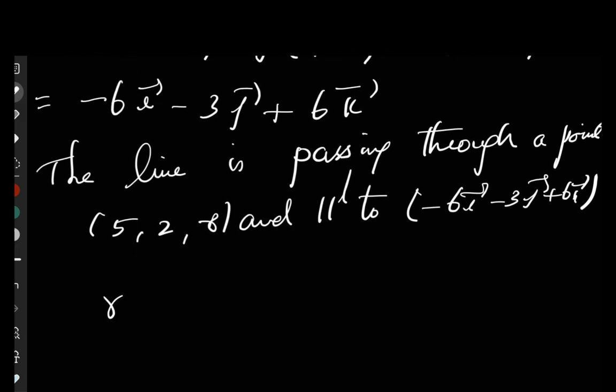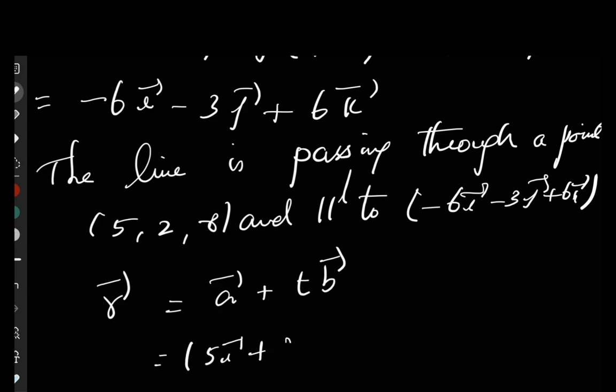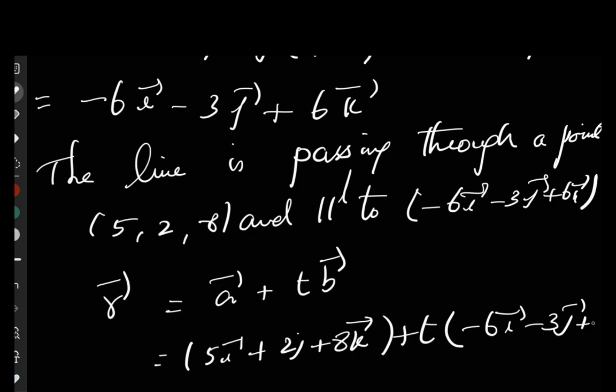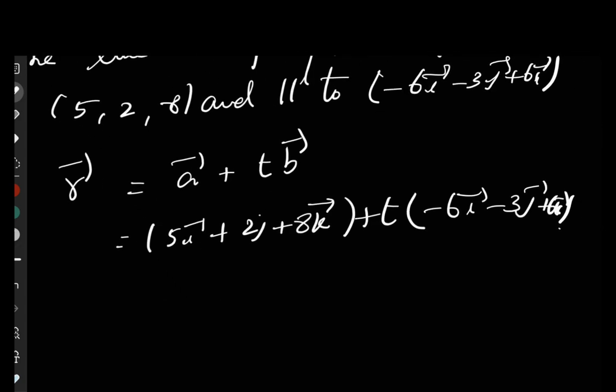So, vector R is equal to vector A plus t vector B. Substitute the point: 5i plus 2j plus 8k plus t into minus 6i minus 3j plus 6k. This is the parametric form.